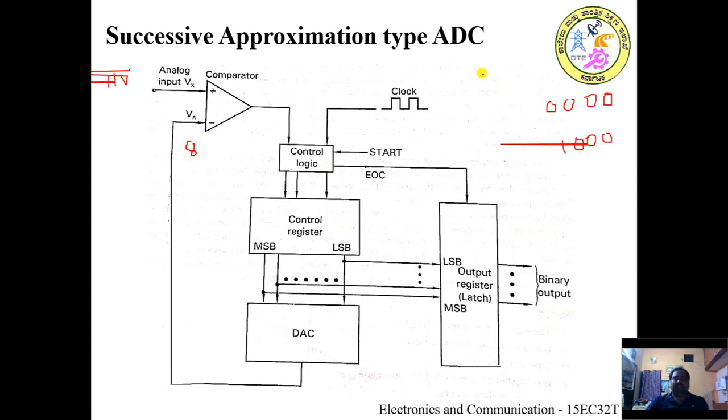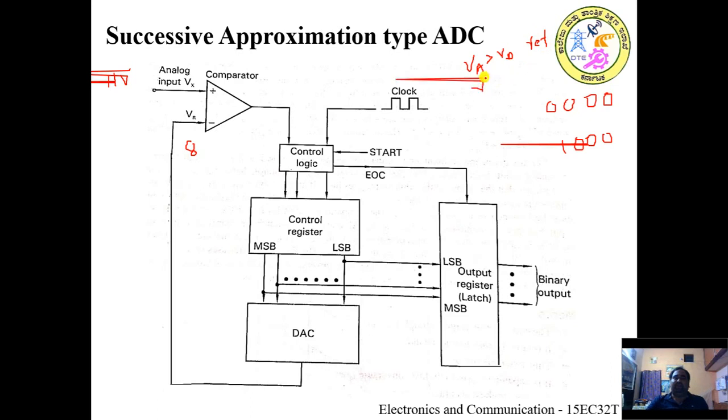So if VA value is greater than VD, then we are going to retain the bit, and it won't be cleared.